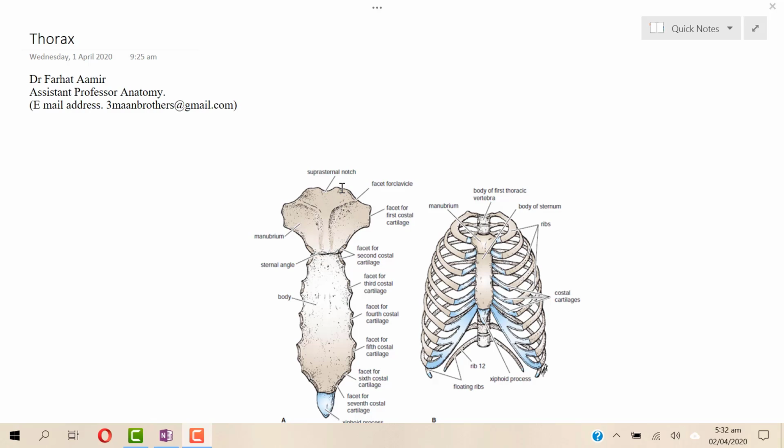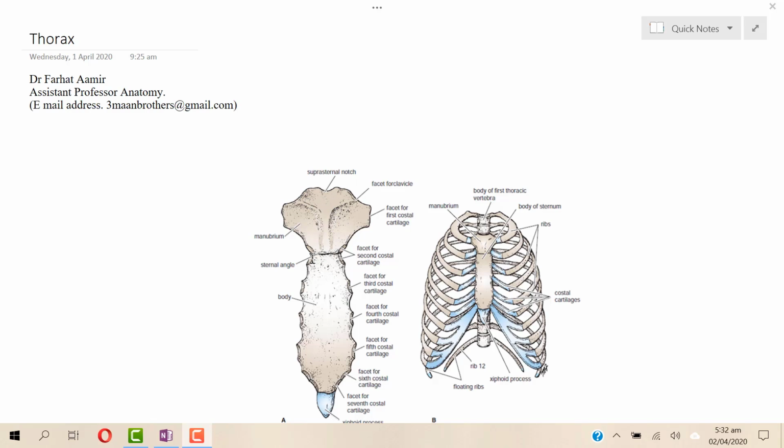There are three names for this notch. Why interclavicular? Because it is in between the two facets of the clavicle, which are called clavicular notches.